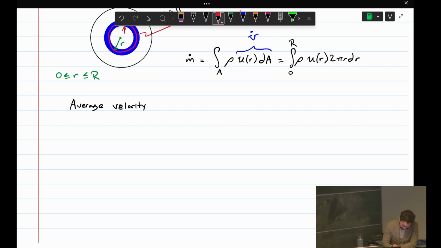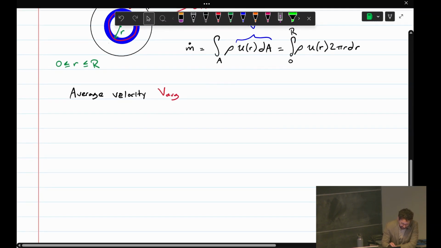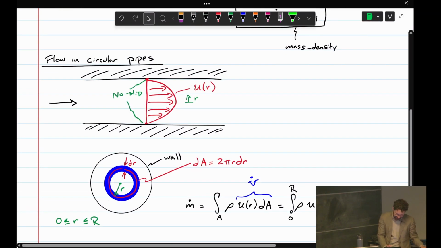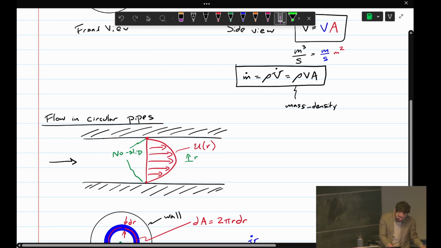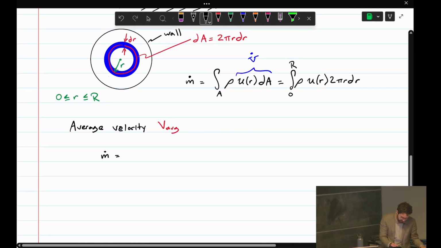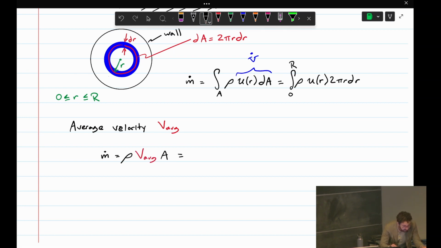Okay, so we're going to define an average velocity, V average, and that is defined such that, remember up above I said m dot is rho VA, where V is the velocity and A is the cross section. We're going to define our average velocity such that rho V average A is equal to this integral.